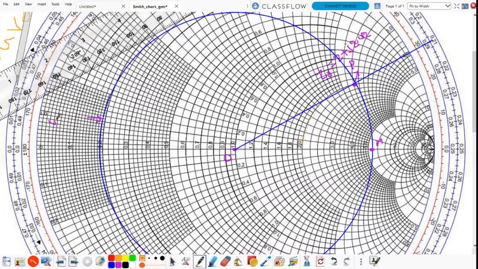From the origin to the point M, the VSWR value is approximately 5.5.